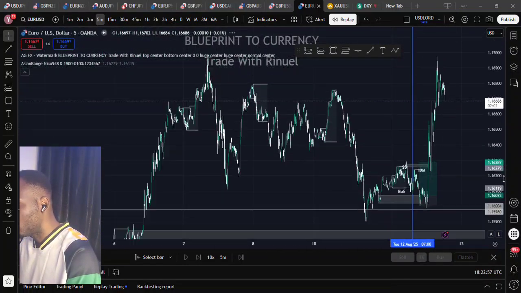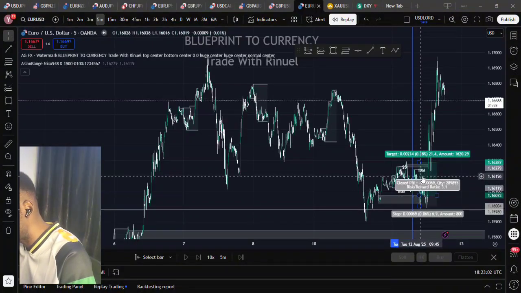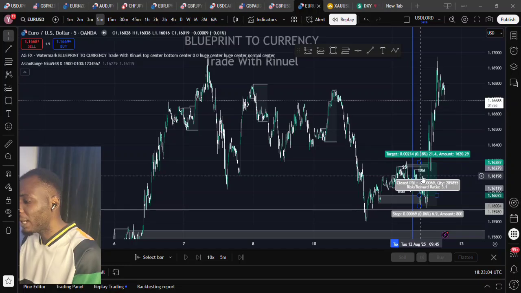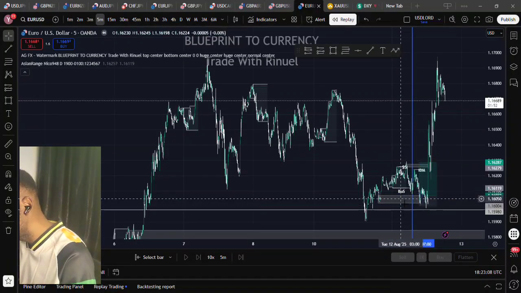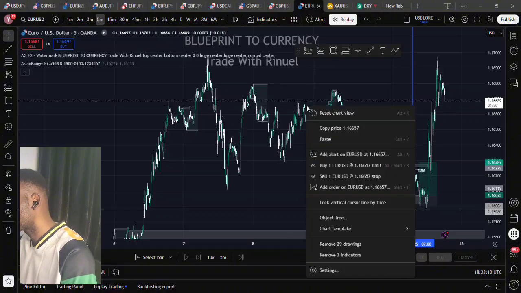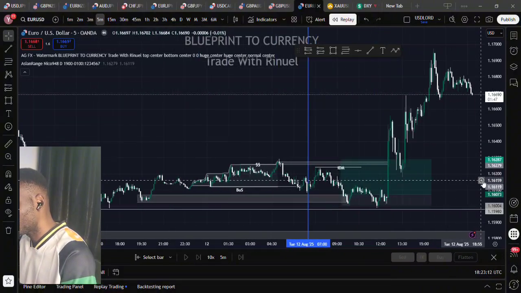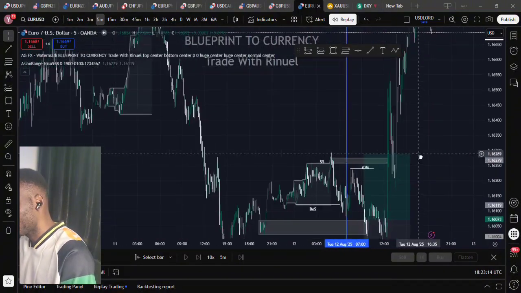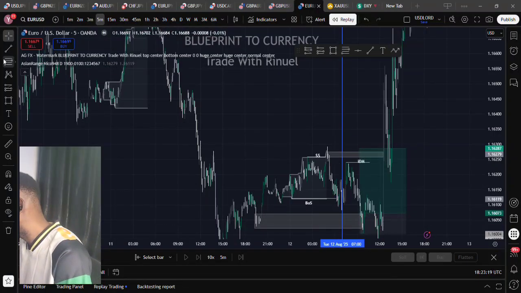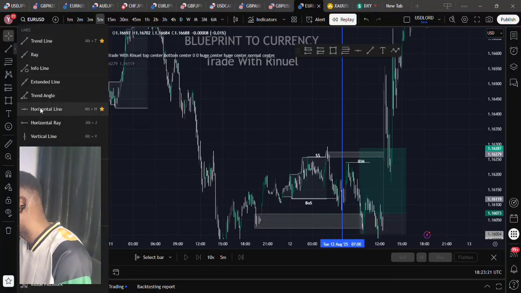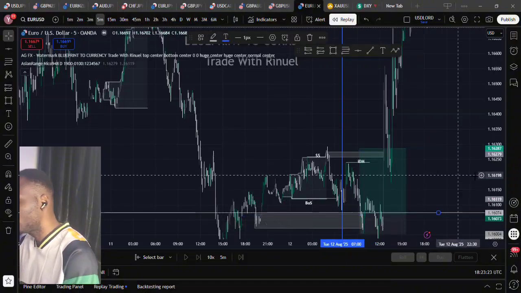Or if CPI was already coming close and the trade was already in profit a little bit, at least doing 1 to 2 already, my plan was that I'm going to bring my stop loss into this zone for a break even. Let me mark it with this, to somewhere here, to this break even.